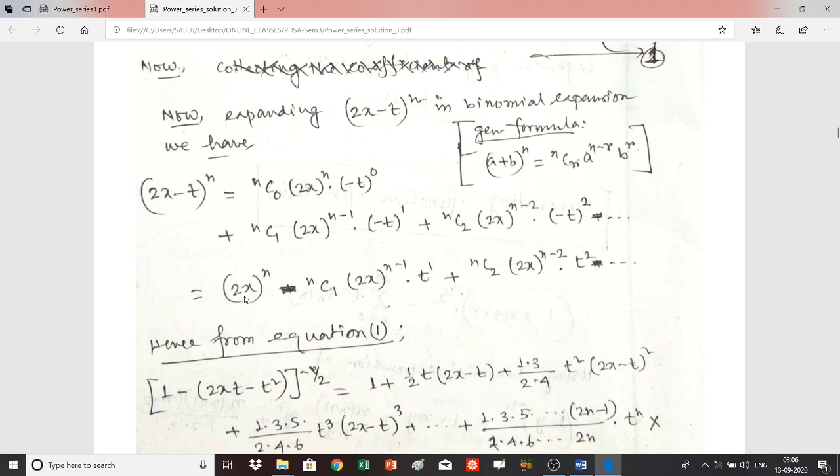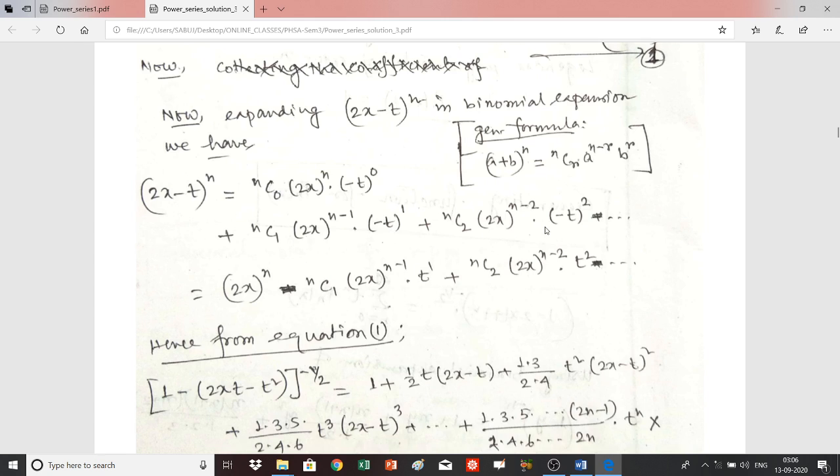So the first term is 2x to the power n, and the second term, the negative sign arises from this sign, so negative sign is here, and you write nC1, then 2x to the power n minus 1, and t to the power 1, I have also written here.